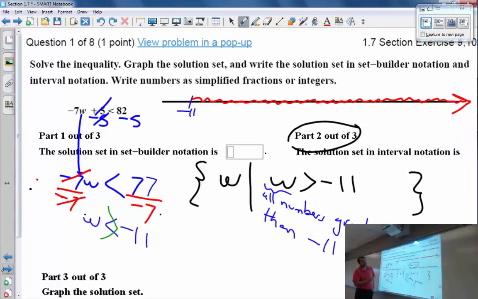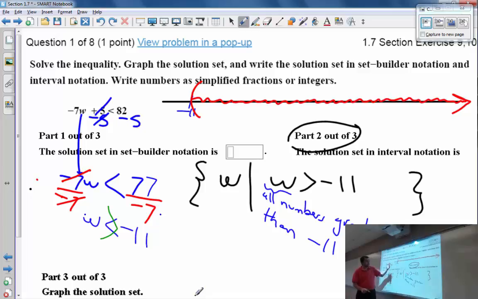And next, I need to decide whether to include my minus 11 into this set or not. Shall we include minus 11? If you are going to exclude it, not include, you need to put the parenthesis there. Okay? Now we are ready to change this into interval. How? It's there. Do you see a parenthesis here and a number?